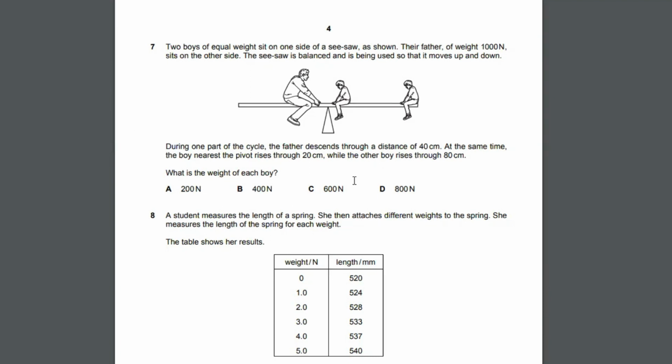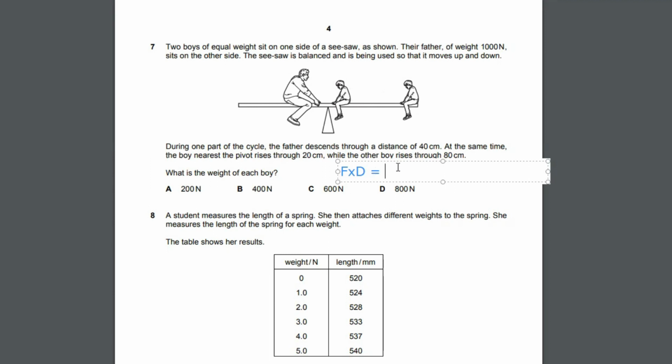So first of all, the father is descending, so this is the anti-clockwise movement. So it will be, let's say, F into D, capital D, which will be equal to the clockwise moment due to these two boys.